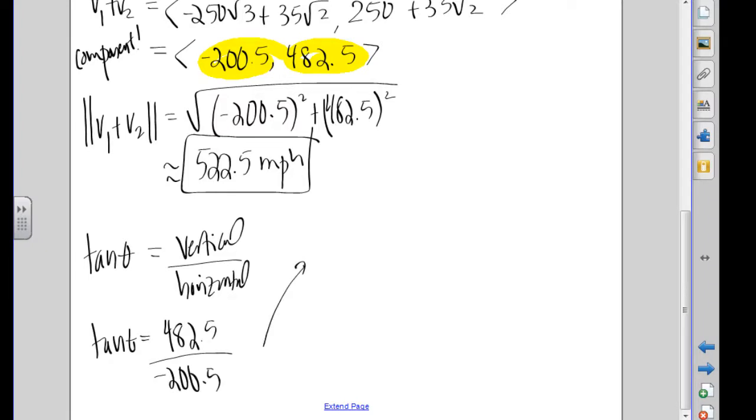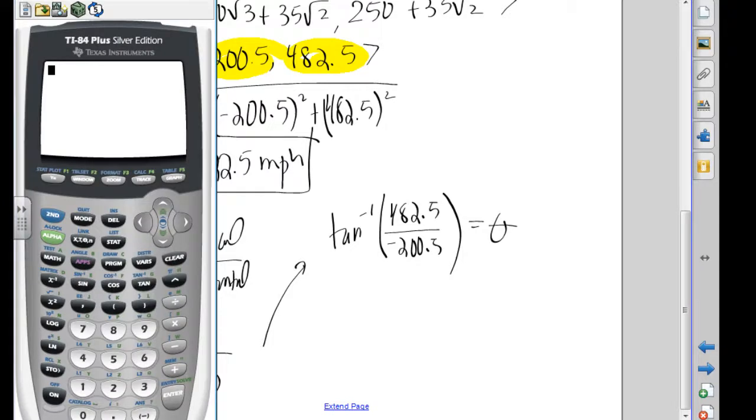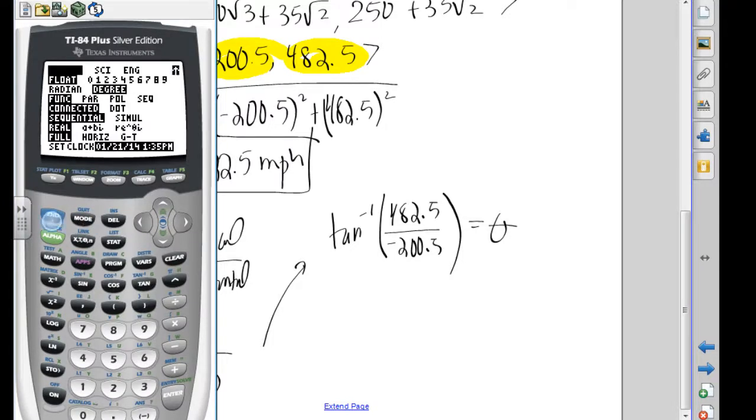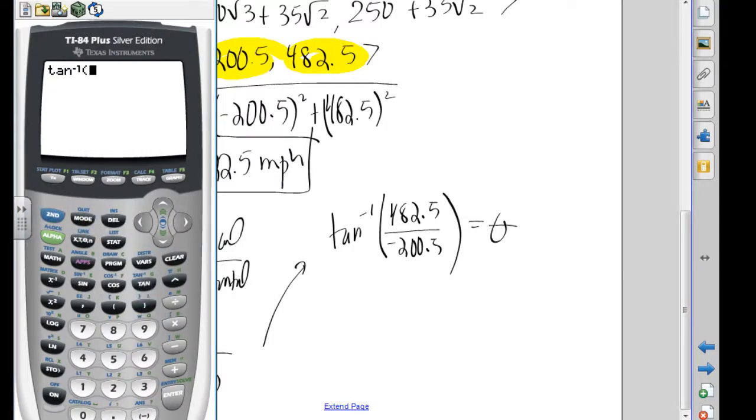Now taking the inverse tan, so swap the arguments. So 482.5 all over negative 200.5. We get theta. So grab your calculator, make sure you're in degree mode. Let's take the inverse tan of 482.5 and divide by negative 200.5. Enter.